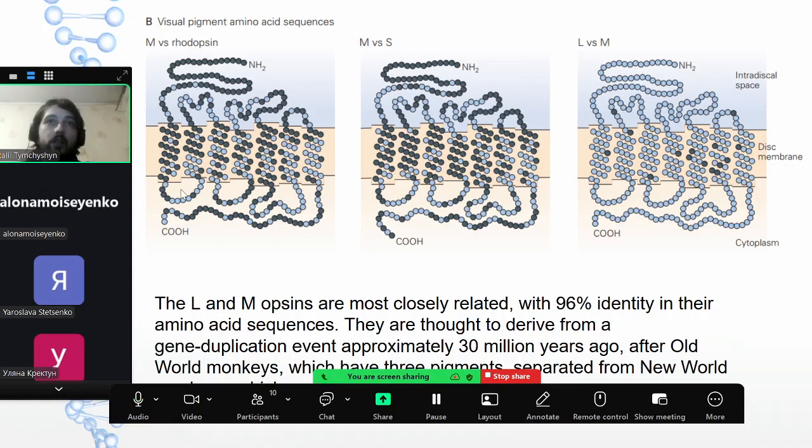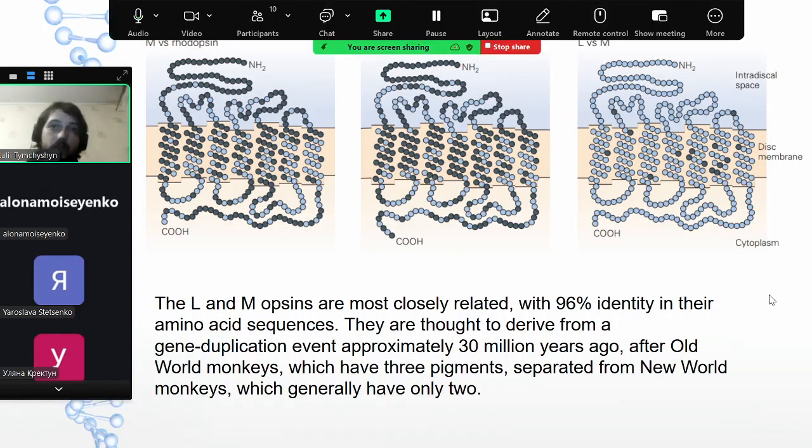They are compared here, and you see different amino acids, colored depending on whether they coincide or not. Here you see comparison M versus S, that's medium wavelengths or green versus short wavelengths or blue, and here you see L versus M. A lot of difference, but actually they seem to be pretty similar in the 3D structure.